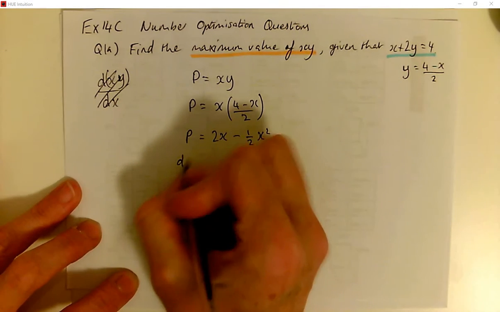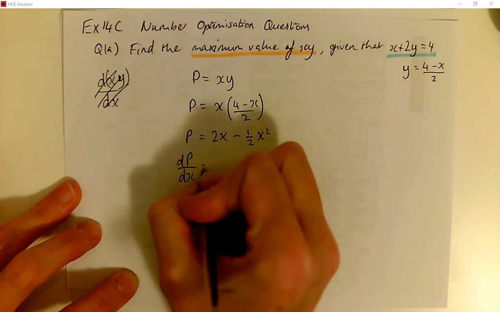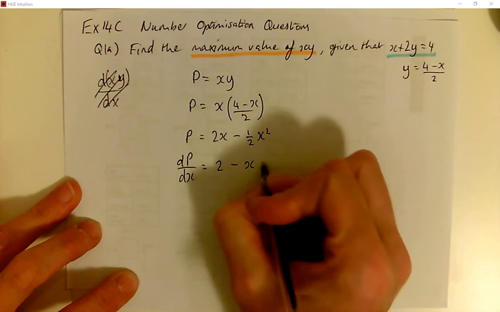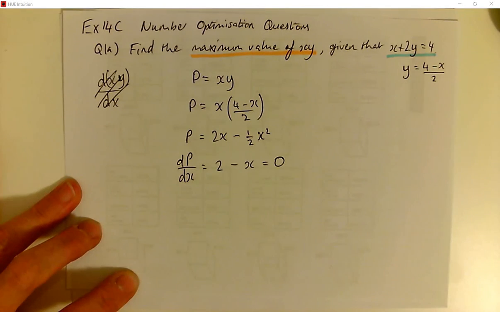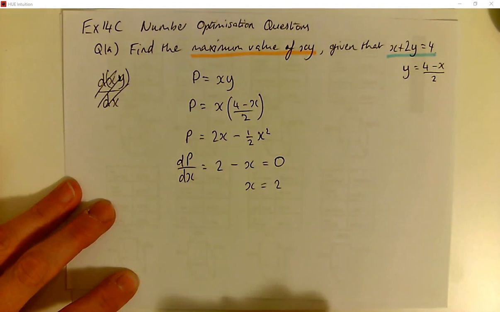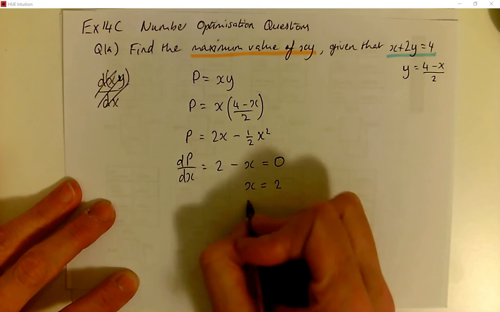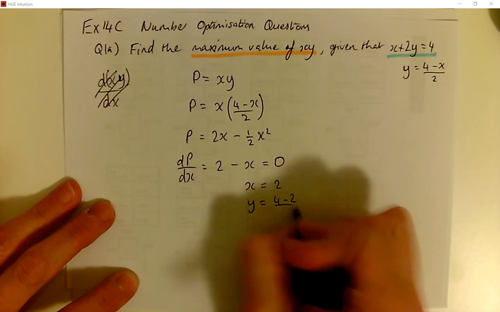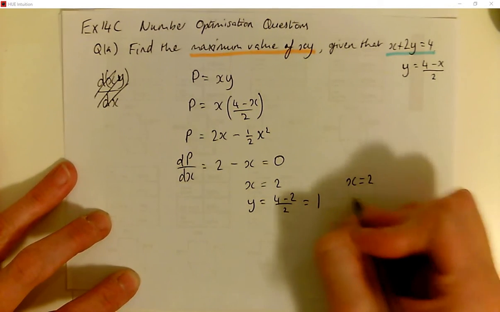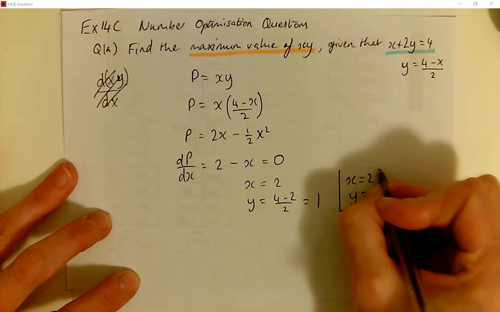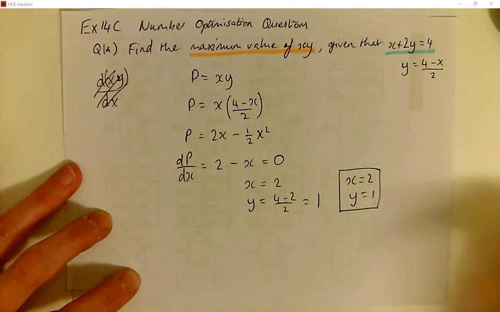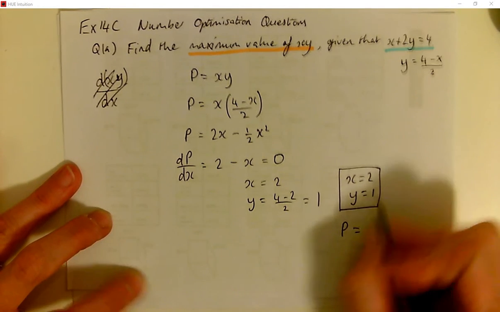So we do dp by dx is equal to 2 minus x, and that has to equal 0. And so we're going to maximize it when x is 2, and when x is 2, y is (4 minus 2) over 2, which is 1. So we have x is 2, y is 1, will give us the biggest product. So the maximum value is 2 times 1.